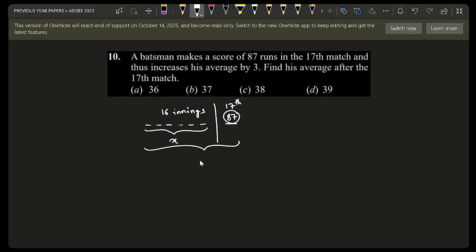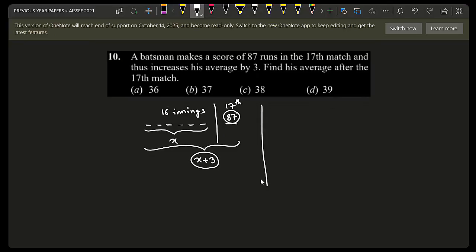Old average is X and the new average is going to be X plus 3, because they gave the information that the average increases by 3. They're asking to find the average after the 17th match, that means this X plus 3 value. If we want that, first we should find the value of X.